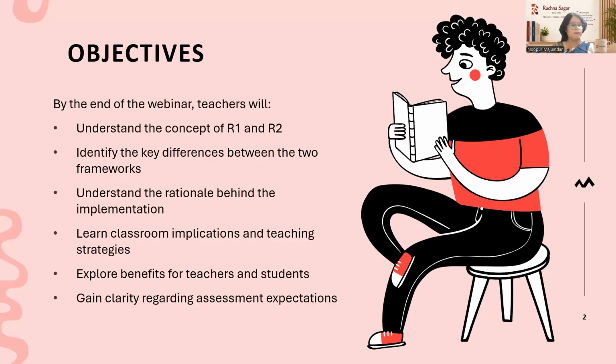The second objective is to identify the key difference between R1 and R2. Now, the differences are mainly visible, as you can see on my slide also: depth of content engagement, nature of comprehension, writing expectations, degree of scaffolding, and assessment style.